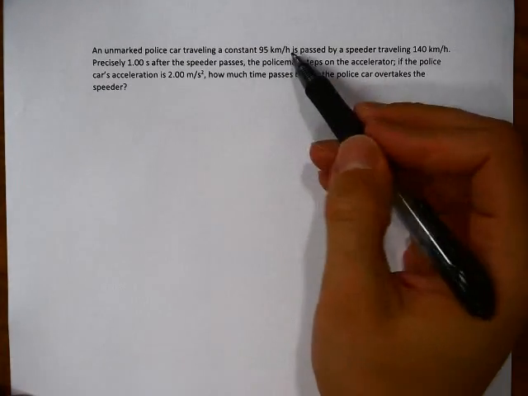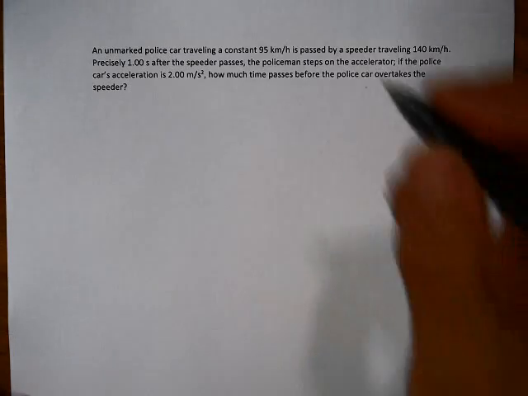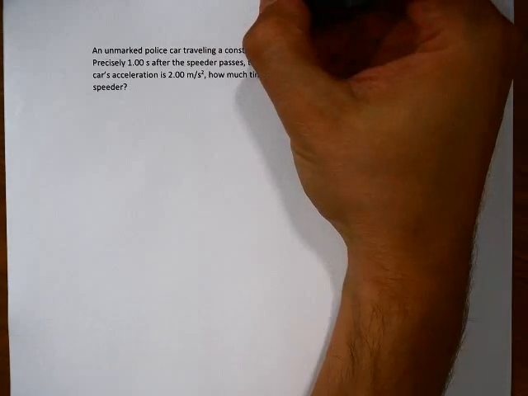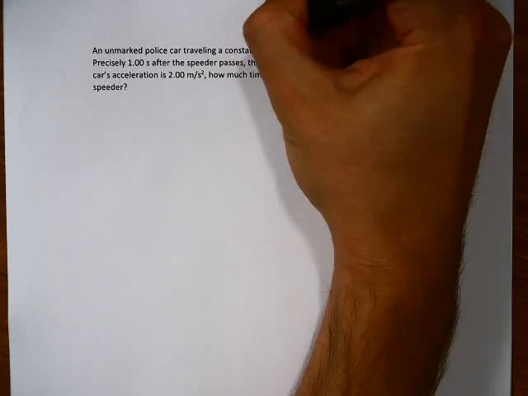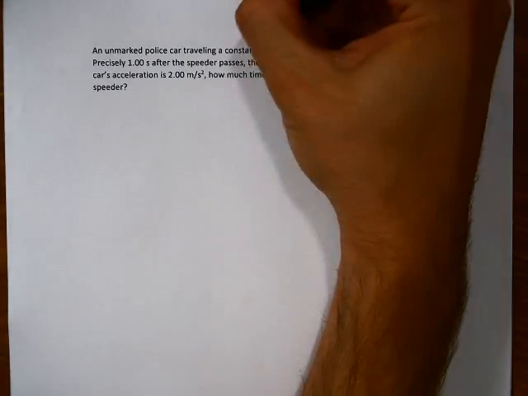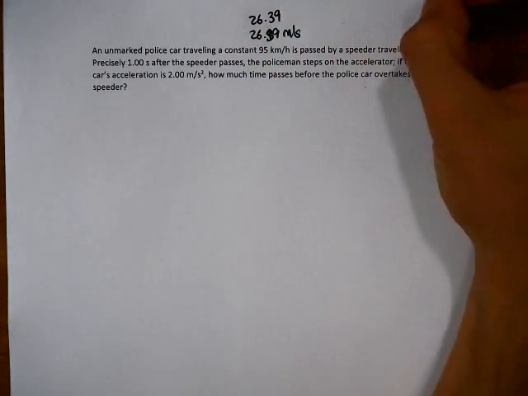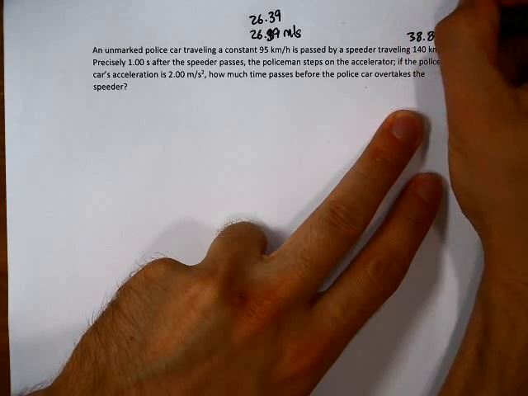So to do that, you multiply by 1,000 to get meters and divide by 3,600 to get seconds, and you get approximately 26.39 meters per second. And 38.89 meters per second.